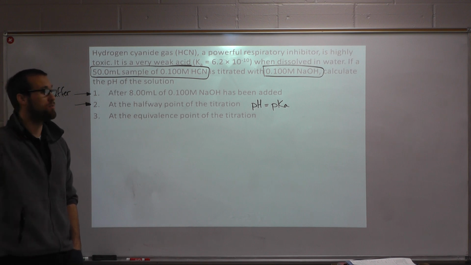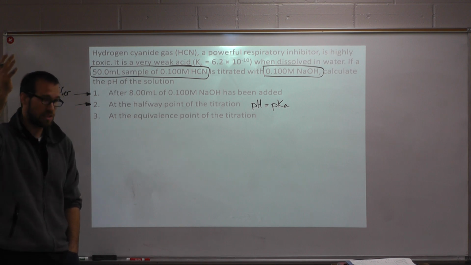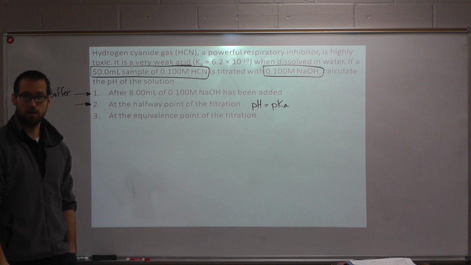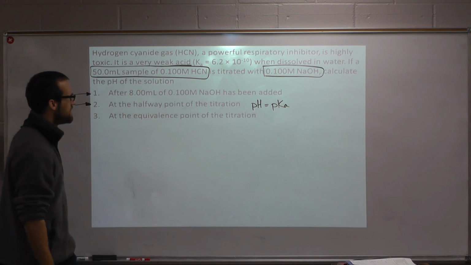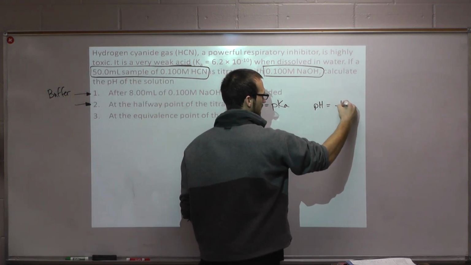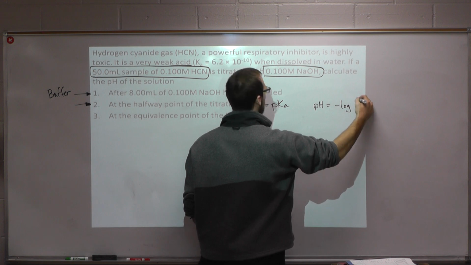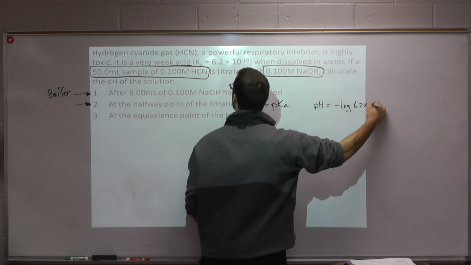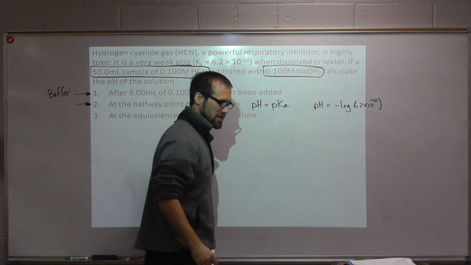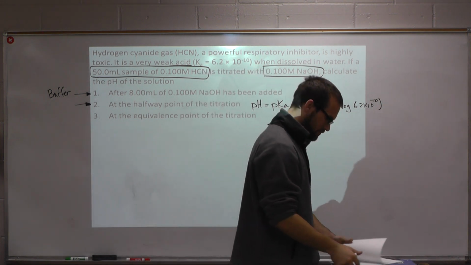Easy. pH equals pKa, because at the halfway point, what's the ratio? 1. And so log of 1 is 0, so pH equals pKa. Then your pH ultimately is the negative log of your Ka.